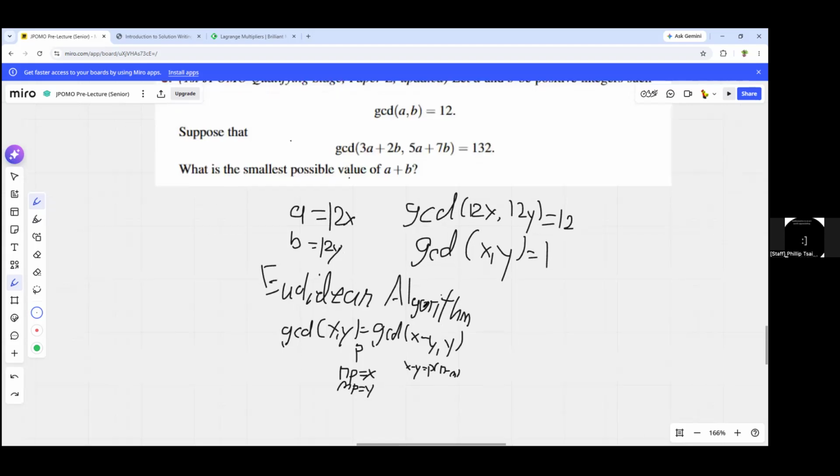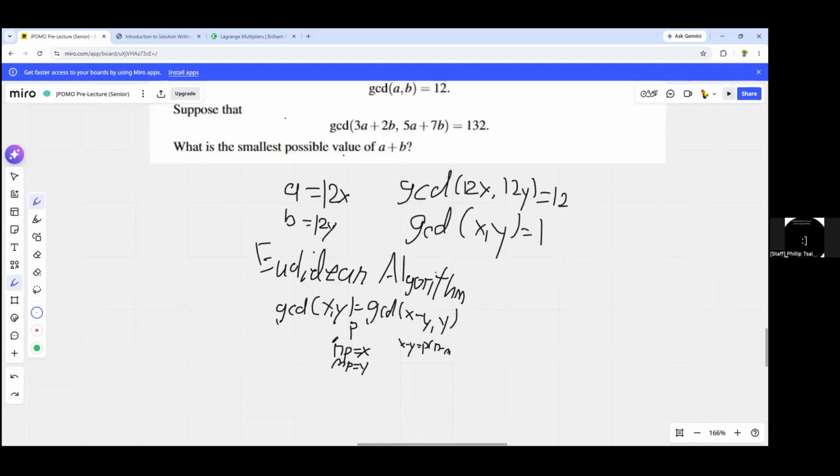Sorry, I can't really describe it well, but basically that's how the Euclidean algorithm works. Anyways, we can basically subtract as many multiples of y as we can from x.